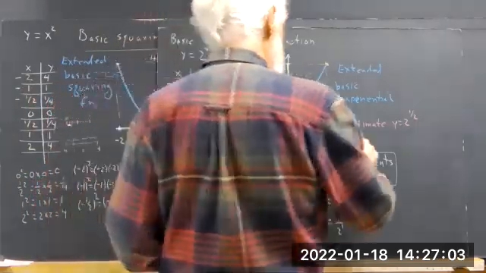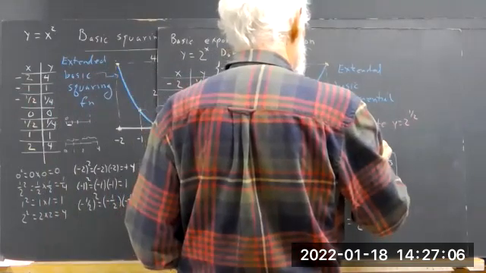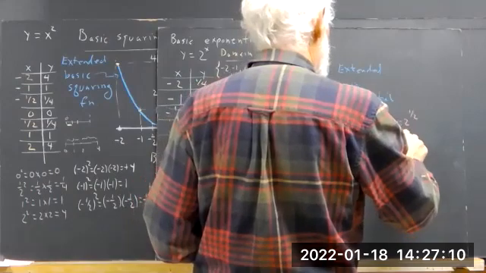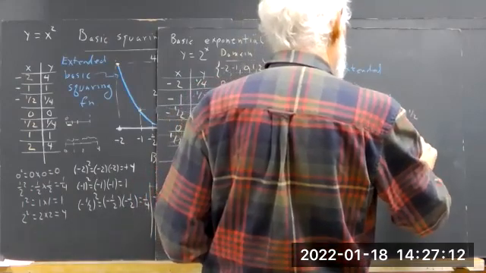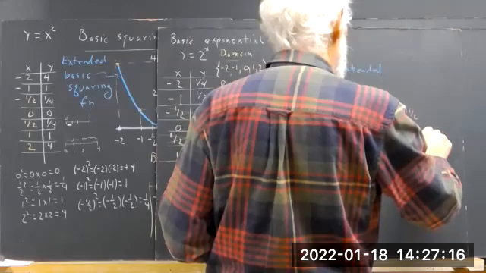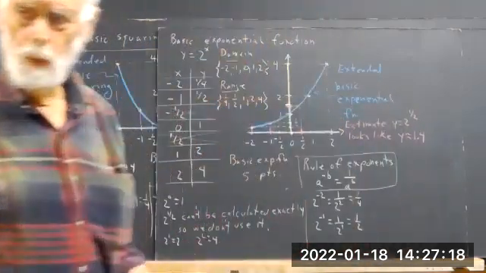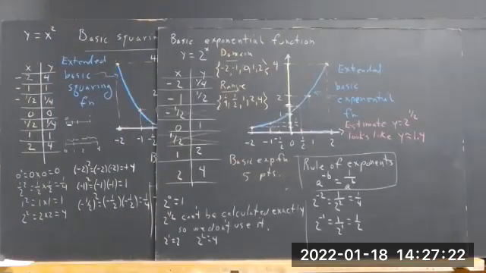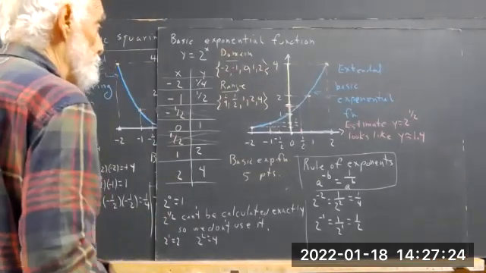So it looks like y is approximately equal to 1.4. And that's pretty much an honest estimate from my graph.